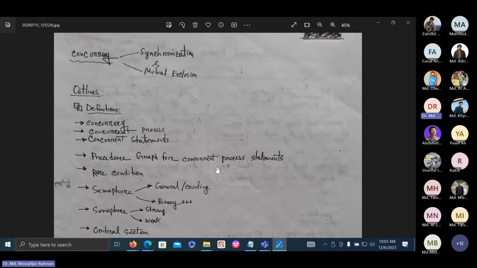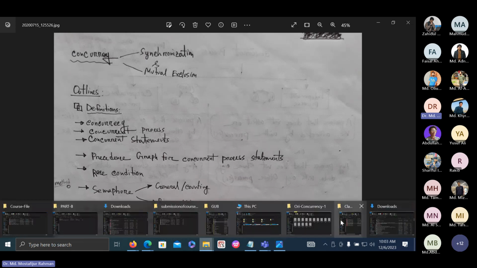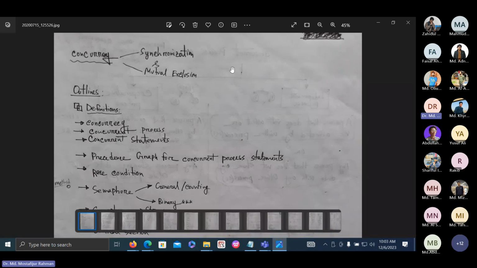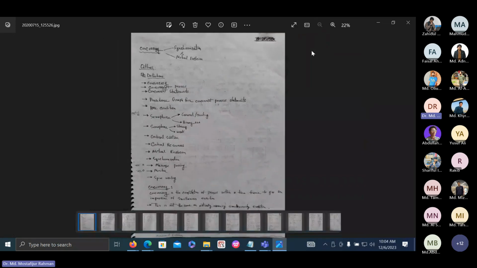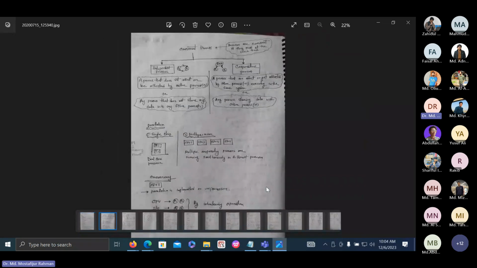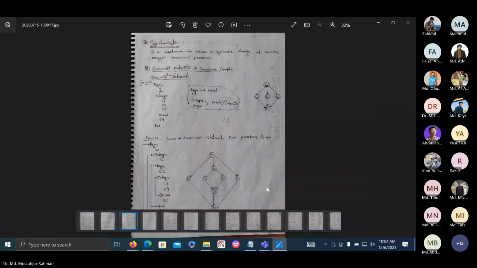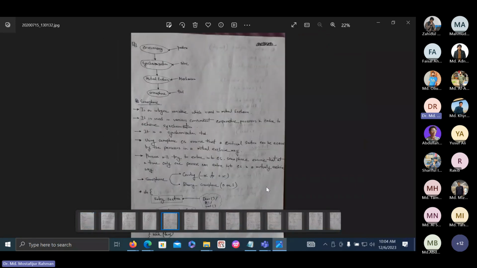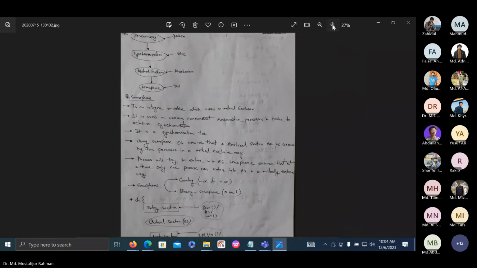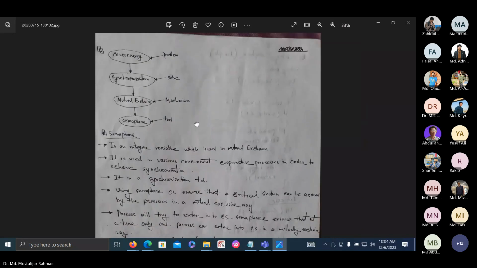This synchronization, I think I can show you another page. Next one. This one. Very easy to understand. Concurrency, this is one type of problem.